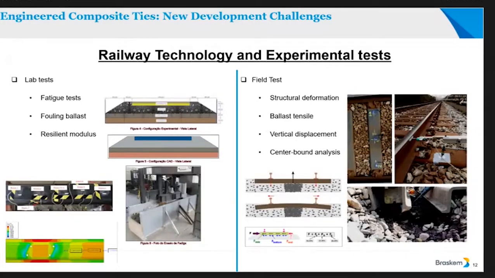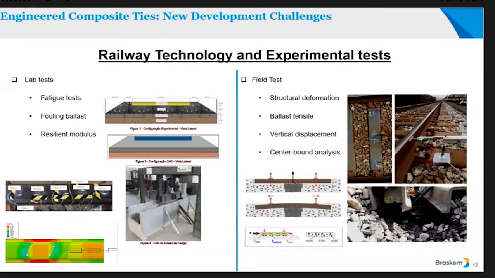So when you have the stress, the ballast flows from the middle. So we believe this should happen for any kind of tie design. Okay, I don't know if I answered your question, but it's a challenge for us.